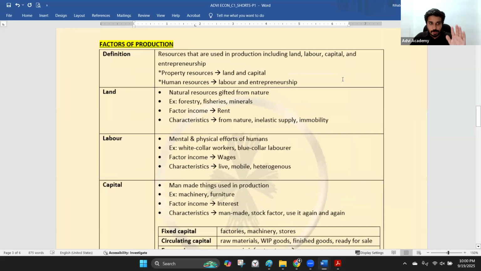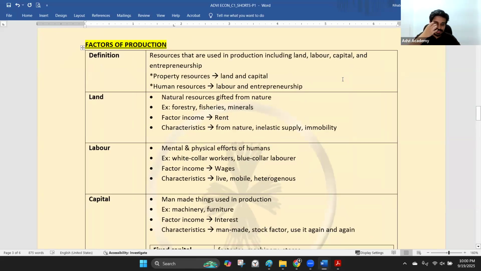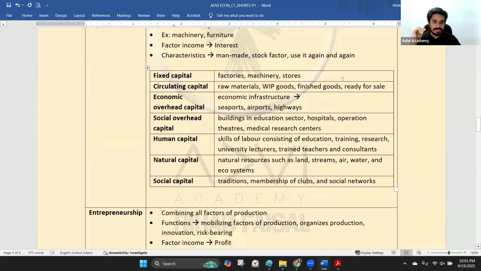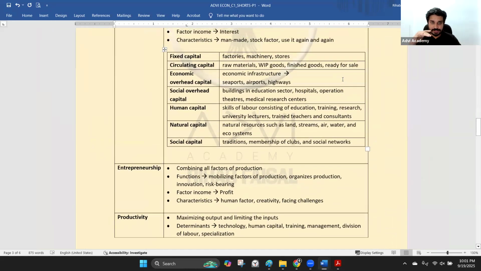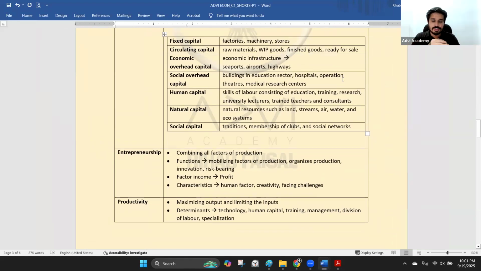Take a screenshot now. The definition, land, labor, capital is there. You can take a screenshot of this and then I'll scroll down. Definition, land, labor, capital. Take a screenshot of that and then you take a screenshot of this. Fixed capital, entrepreneurship, productivity. So this is your short note for factors of production.